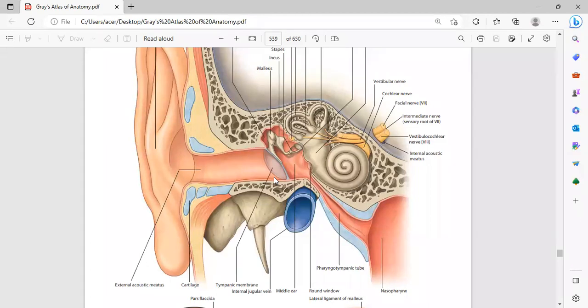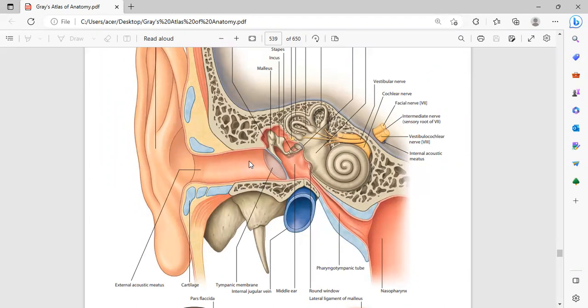And the skin here has hair and sebaceous glands. Here in the cartilaginous part, it has hair and sebaceous glands. And also you have these glands called the ceruminous glands. These are modified sweat glands, and they are the ones that secrete earwax. Right? So these are called ceruminous glands. They are modified sweat glands.